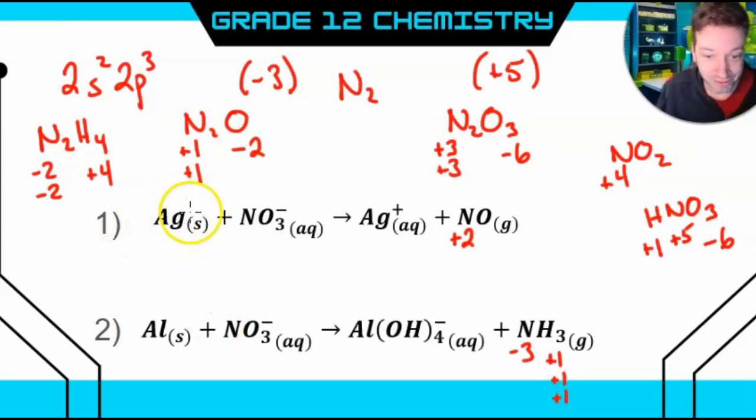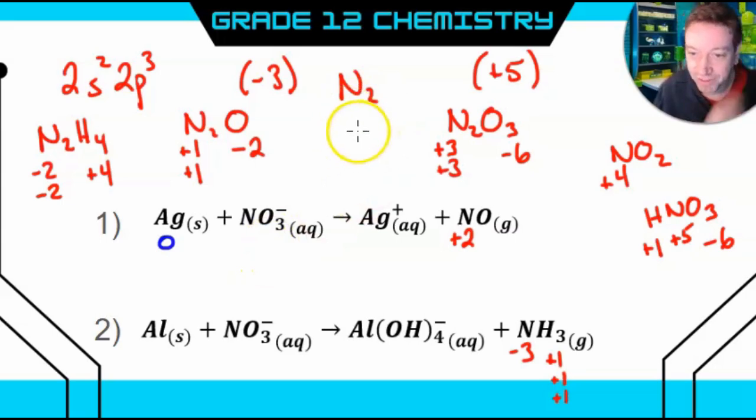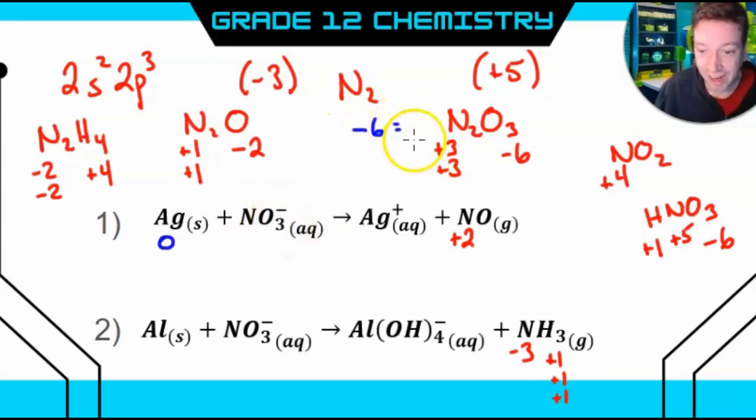So silver is just in its elemental state, so it has a charge of 0. Here we have oxygen with nitrogen. So oxygen, there's 3 of them. So -2, -2, -2. So we have a total charge of -6. But the entire compound has a charge of -1.